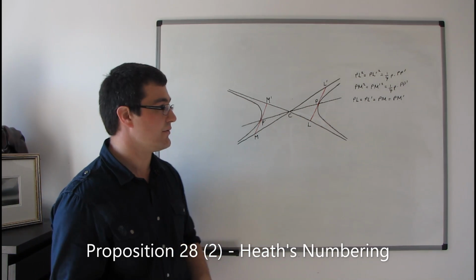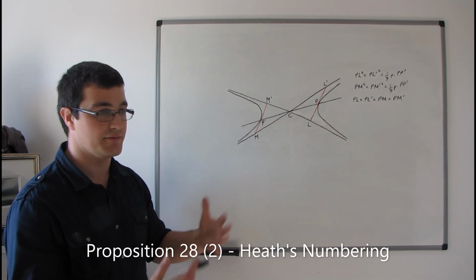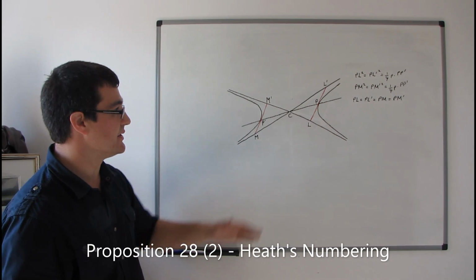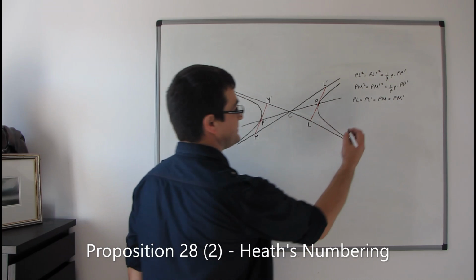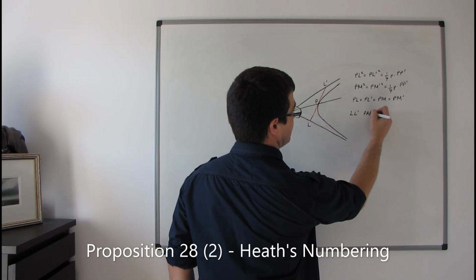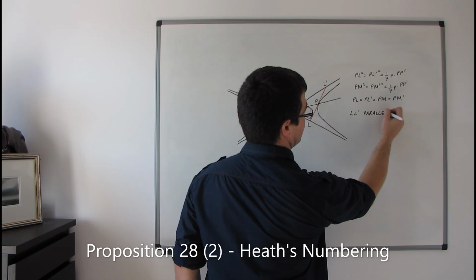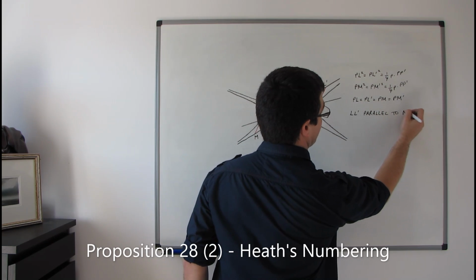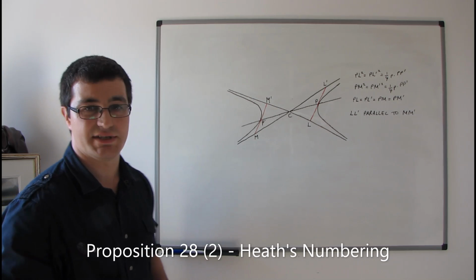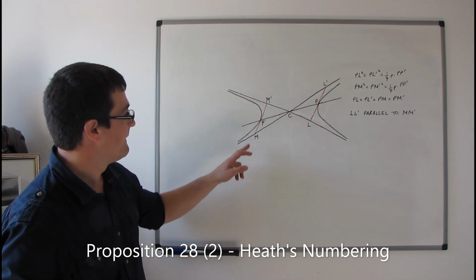It's not a difficult thing to prove. It's only a few lines long, but we're going to take it as given for the time being that LL primed is parallel to M primed M.